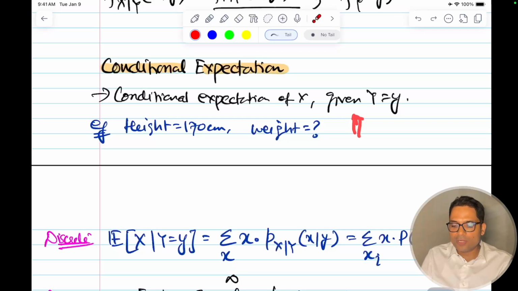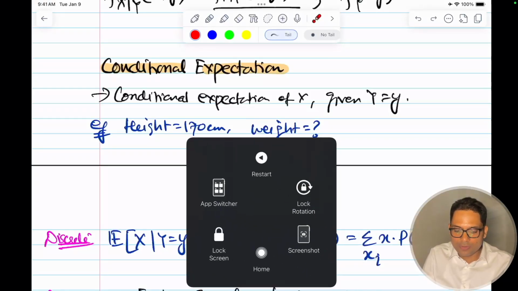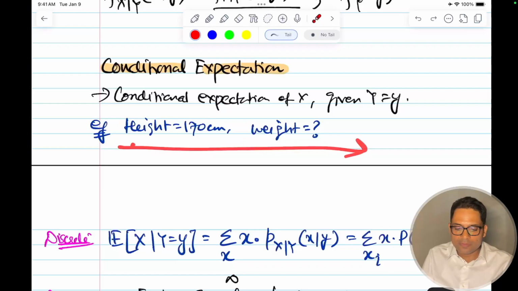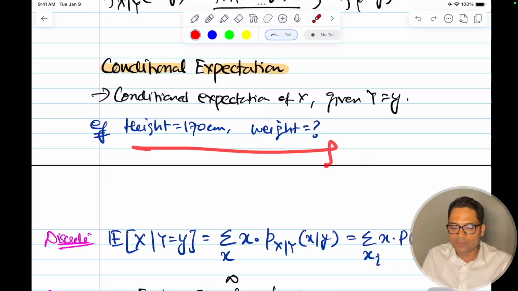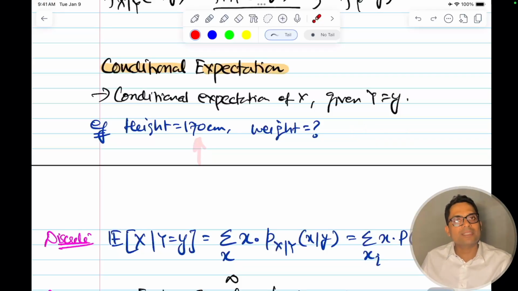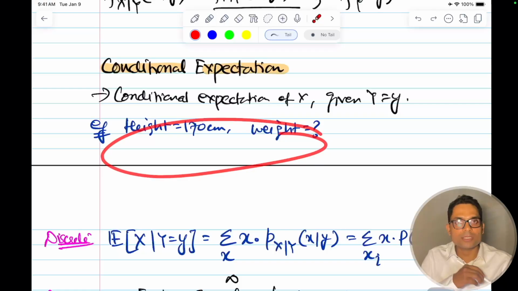The plain expected value would give me the average weight of the complete sample. But now I have reduced the sample size by giving the condition that only for the people whose height is 170. So we took the weight of all the people whose height is 170 centimeter, that's the condition, and took the average of that, and that gave me the expected value of the weight of a person given that the person's height is 170 centimeter. I hope this is clear.